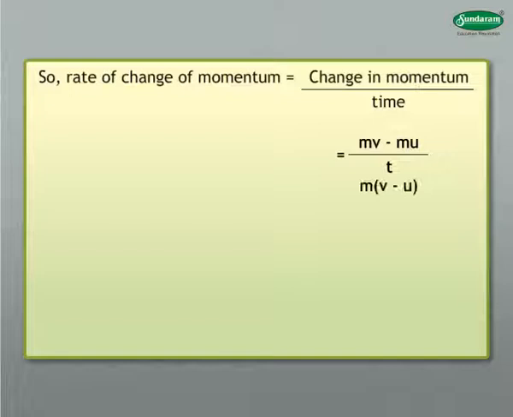After taking m common, the rate of change of momentum is equal to m multiplied by (v minus u) divided by t. Therefore, the rate of change of momentum is equal to m multiplied by a.